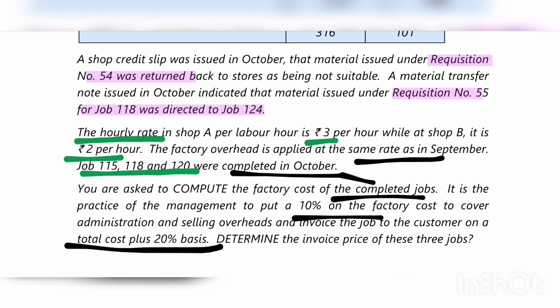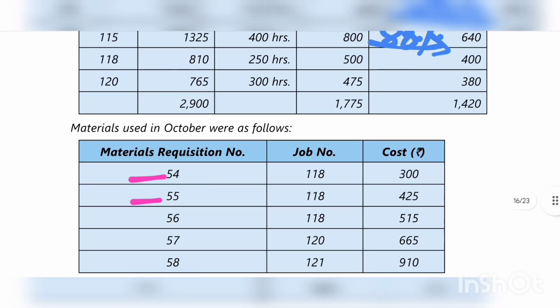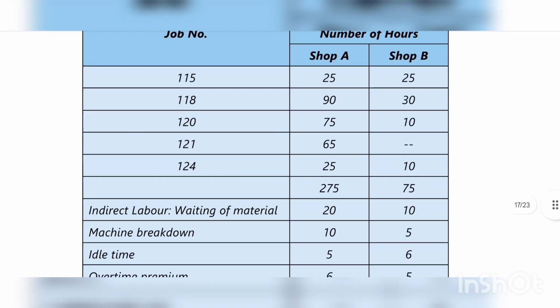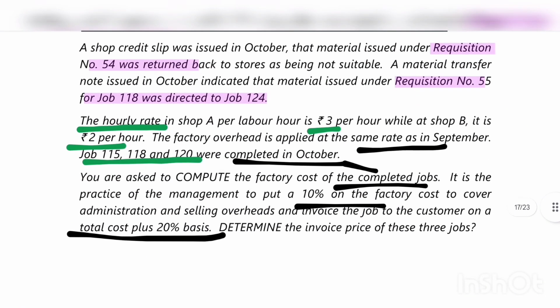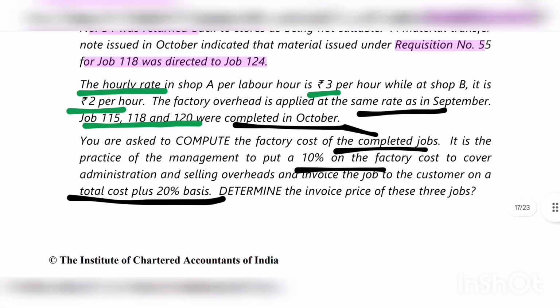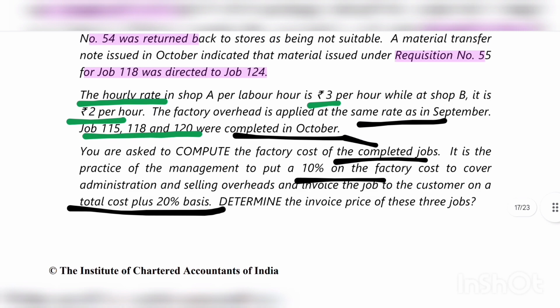Of these 3 jobs we have to create a job sheet, so 54 and 55 were not taken into consideration for these specific 3 jobs, and after that they have given labor hours: in shop A 3 per labor hour and shop B 2 per labor hour, and 10% of factory cost is admin expenses and 20% is profit margin. Let's go for the answer.